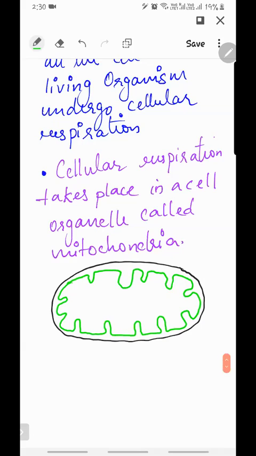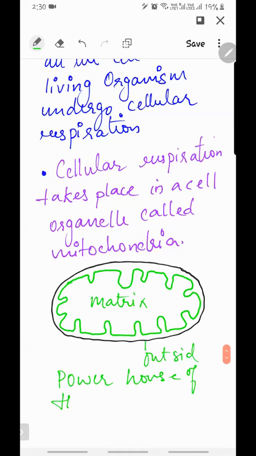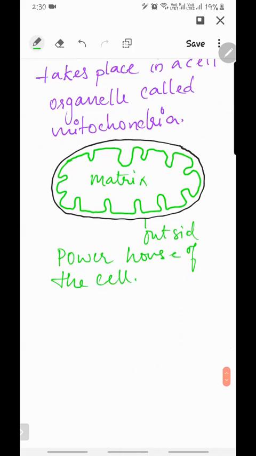Like this. Now in this, this is the matrix and this is outside. So this is the mitochondria, which is called the powerhouse of the cell. This will release energy.